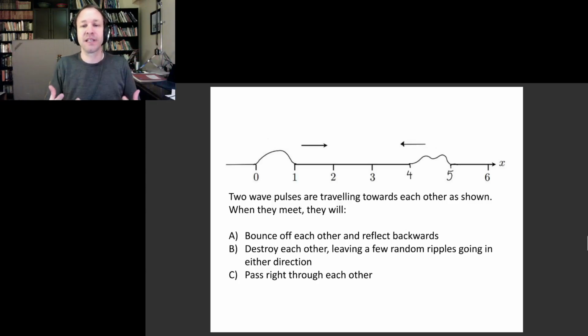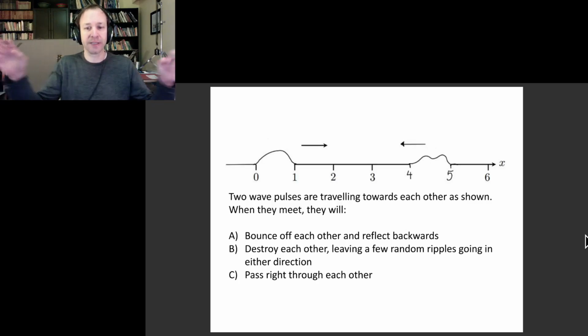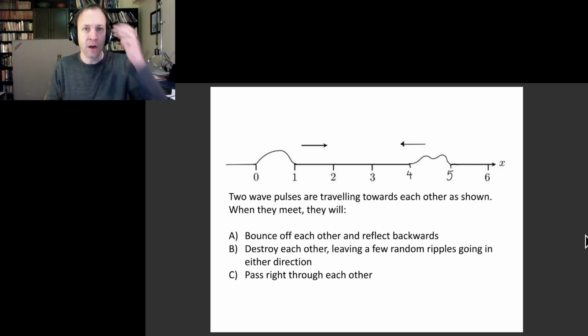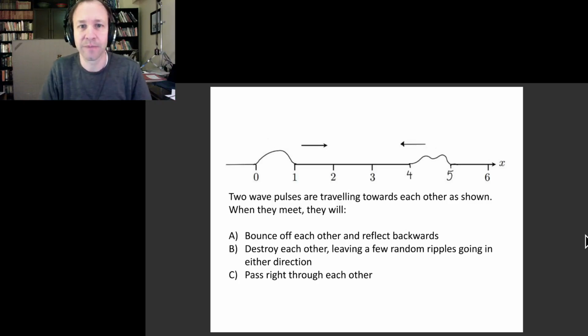And the question is, what is going to happen when those wave pulses meet each other? Will they bounce off and reflect backwards? Will they destroy each other, maybe leaving just a few random ripples? Or will they pass right through each other? So maybe just pause for a minute, think to yourself what you expect, and then we'll talk about the right answer.